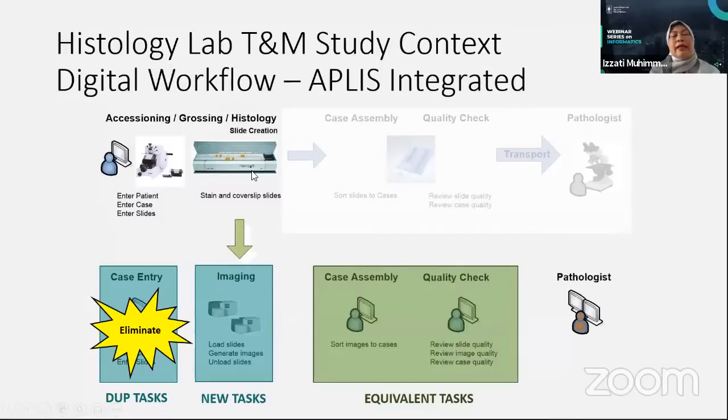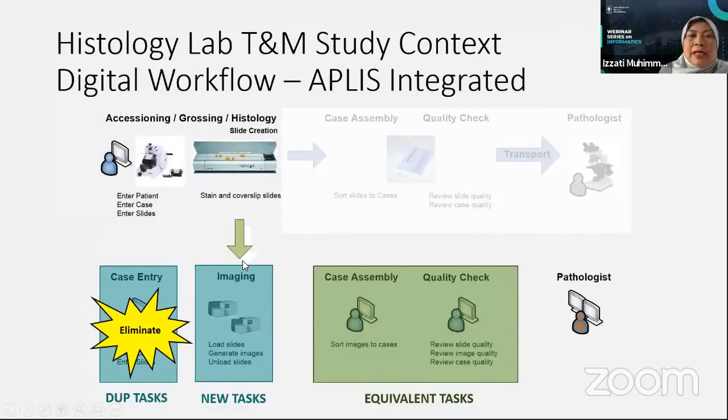In practice here in Indonesia, we don't have an integrated system for the imaging task. In other parts of the globe, there are systems developed by vendors, about four players.